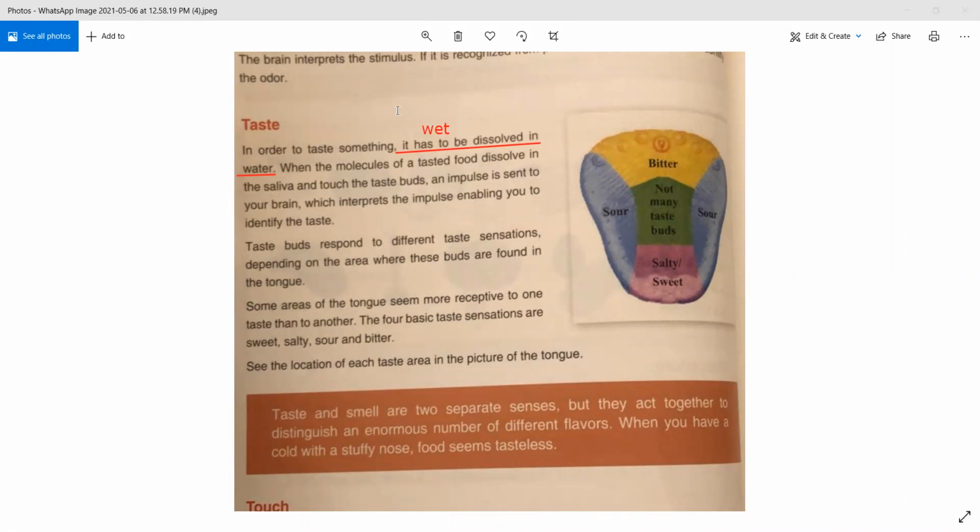When the molecules of tasted food dissolve in the saliva and touch the taste buds, an impulse is sent to your brain, which interprets the impulse, enabling you to identify the taste. So this is how we know the taste of things: they mix with the saliva and touch the taste buds.